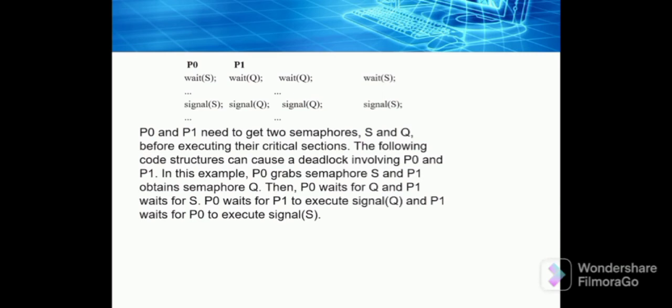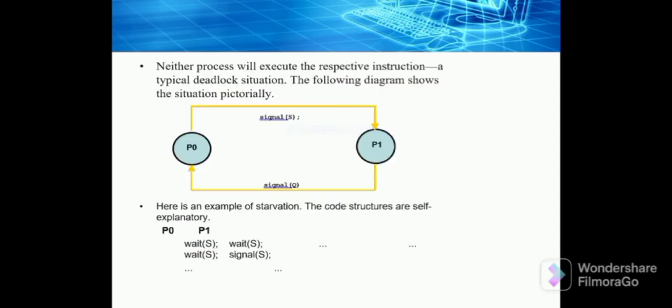For example, P0 grabs semaphore S and P1 obtains semaphore Q. Then P0 waits for Q and P1 waits for S. P0 waits for P1 to execute signal Q, and P1 waits for P0 to execute signal S. Neither process will execute the respective instruction. A typical deadlock situation. The following diagram shows the situation pictorially.